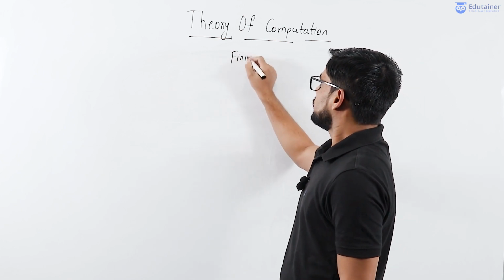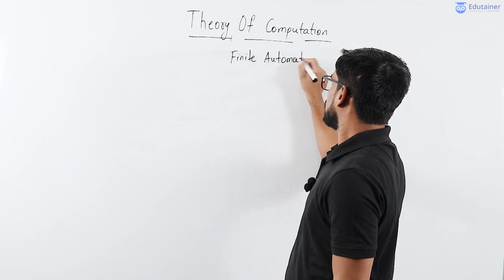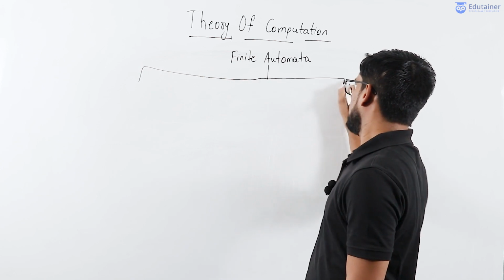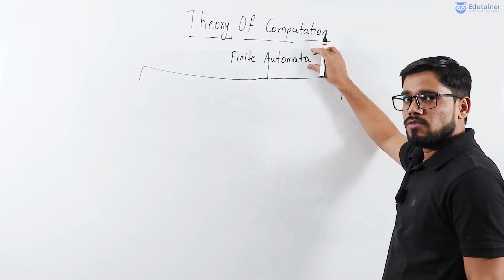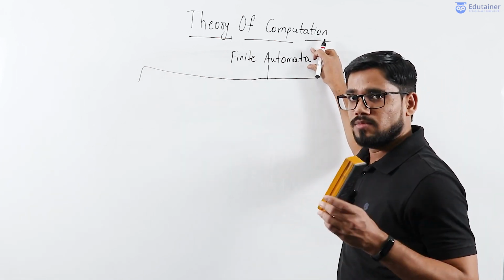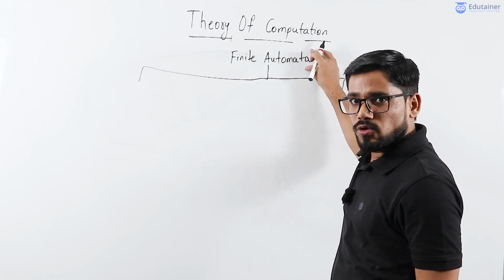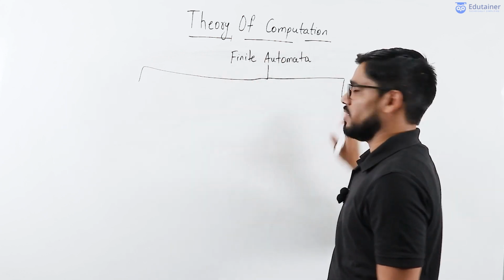Finite automata is classified into two types. So you know that it is a representation which is used to say whether a string belongs to a language or not. If I classify the finite automata, I find it is divided into two categories.